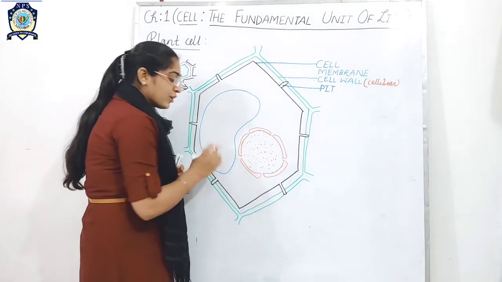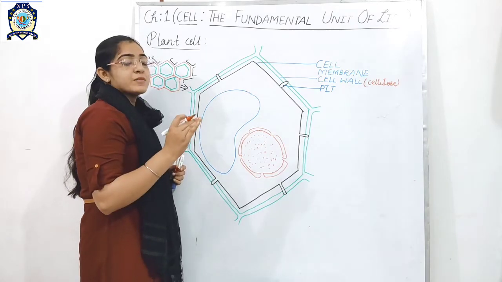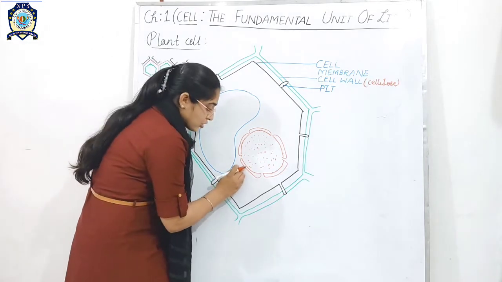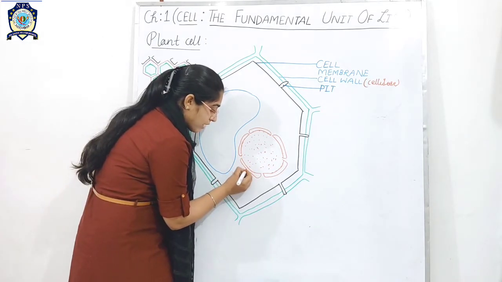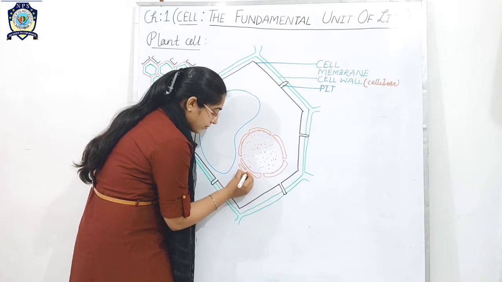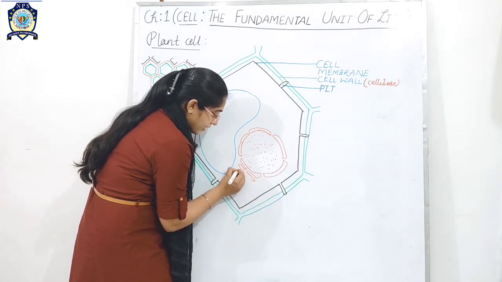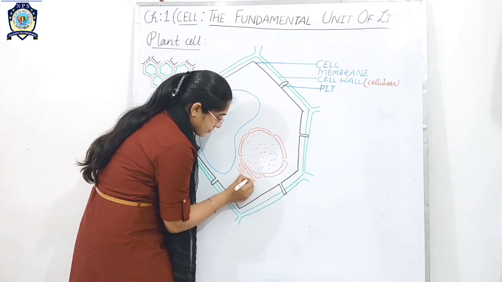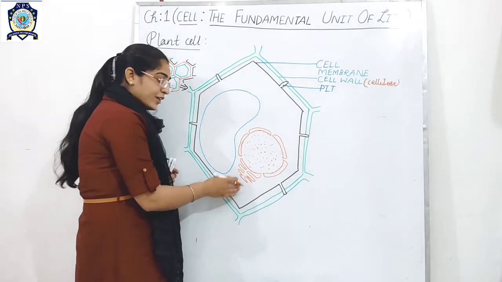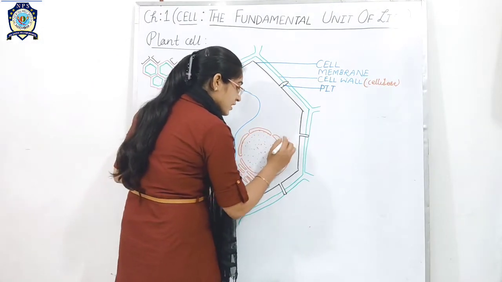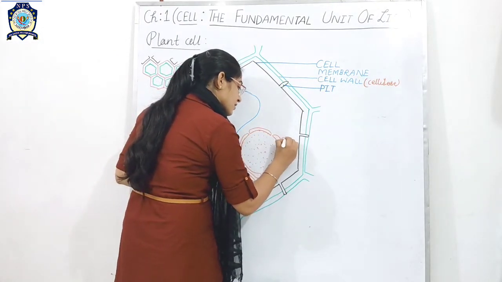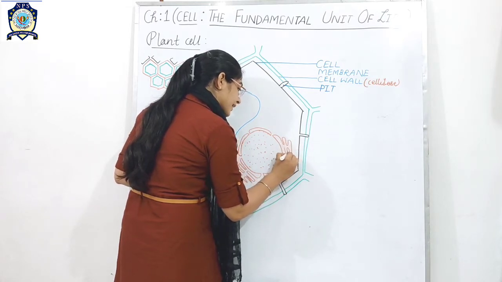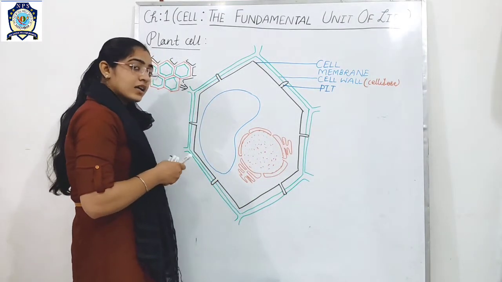And to the nuclear membrane, both types of endoplasmic reticulum are attached. So if we talk about endoplasmic reticulum, then in this way, one endoplasmic reticulum is without the ribosome, and there is one endoplasmic reticulum which is with the ribosome.